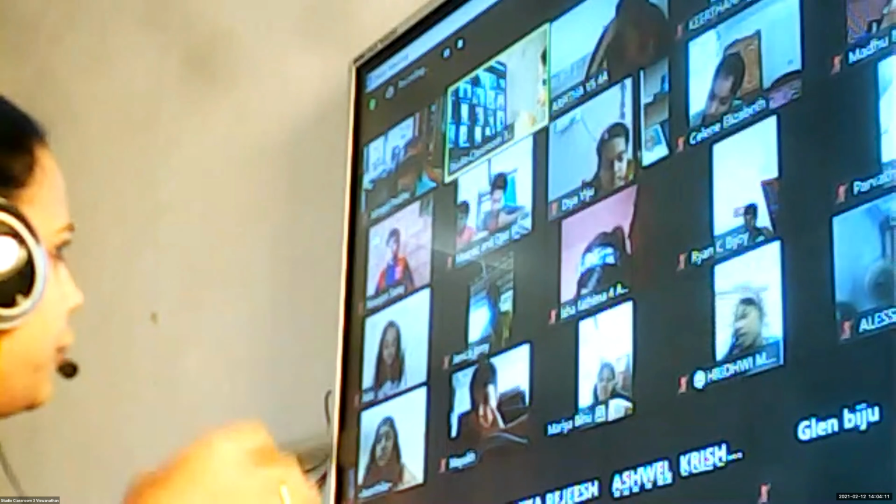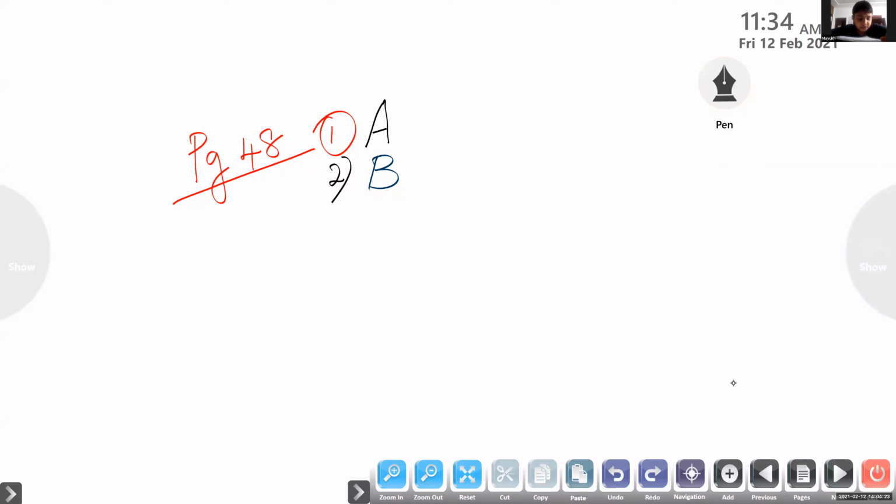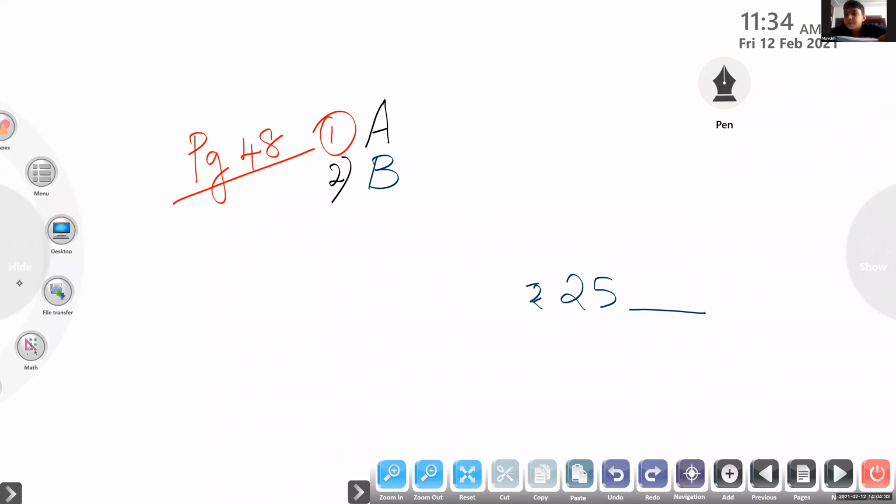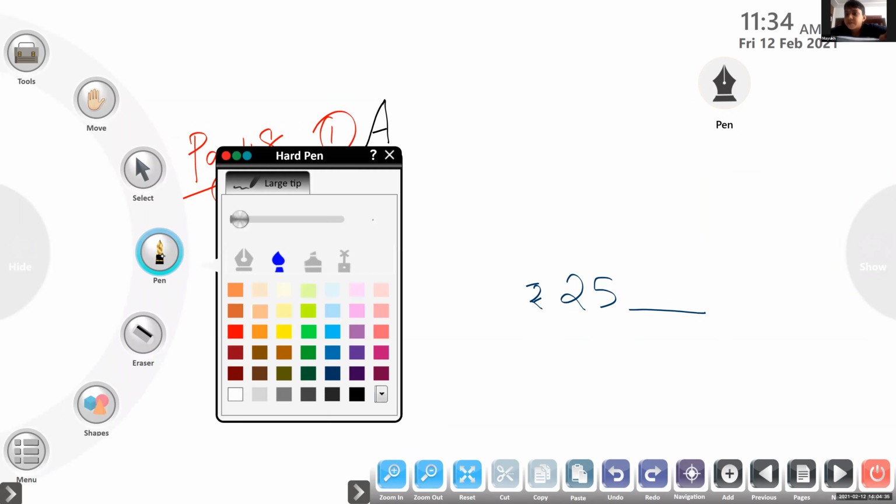Okay. Question number 3. Okay, Mayuk, read. Yes, ma'am. Rupees 25 is equal to dash paise. What do we have to do? Ma'am, we have to add how many zeros? 2,500.